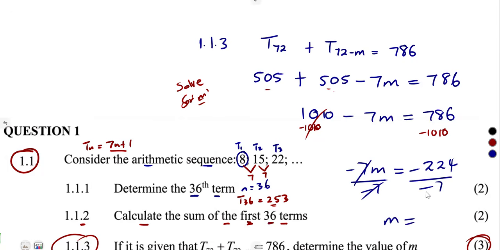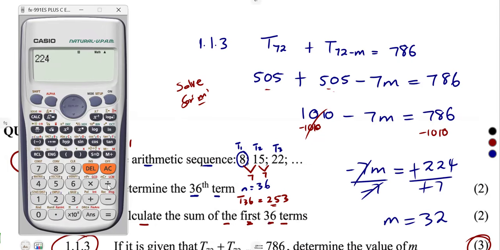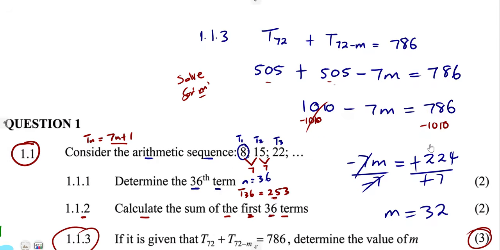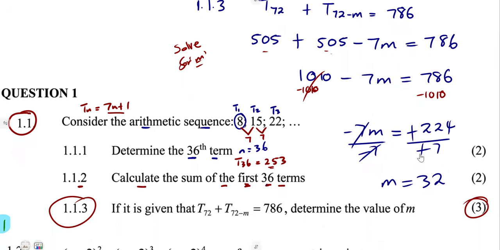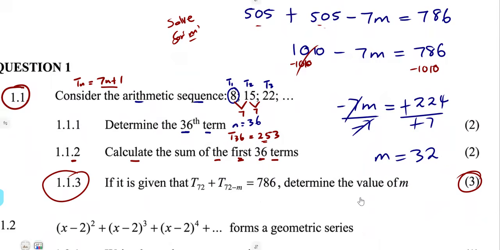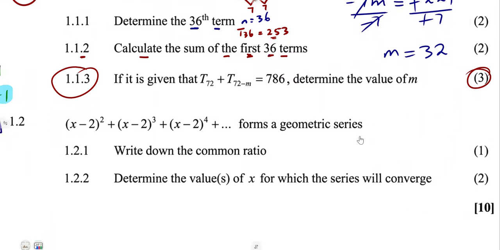Our m is going to be a positive, so that gives us 32. 224 divided by 7 gives us 32. So we have got the value of m from the given statement. You just have to be careful how the question is given. Answer the question according to how it is given.